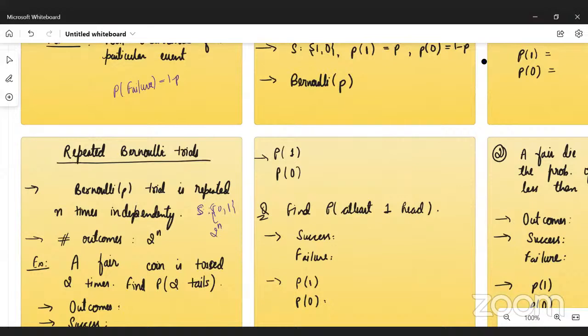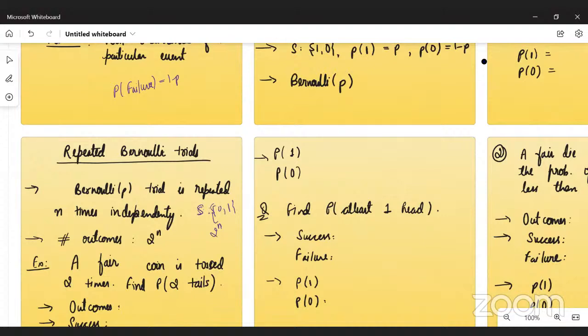You have a Bernoulli trial, you perform the same trial again and again, and each of the trials is independent of the others. The probability of success is the same throughout the trials.